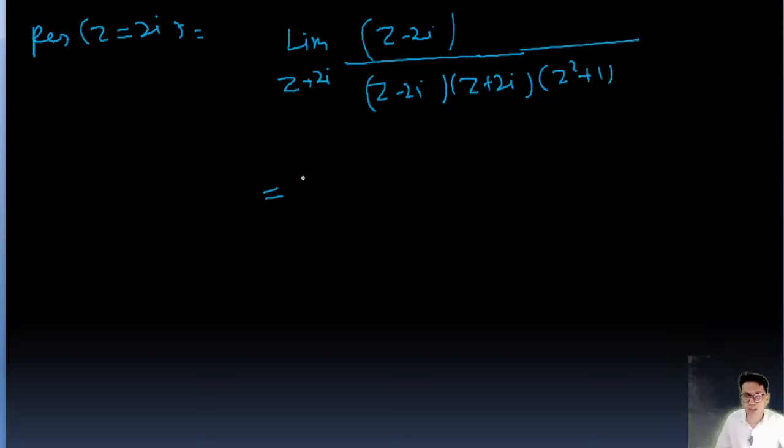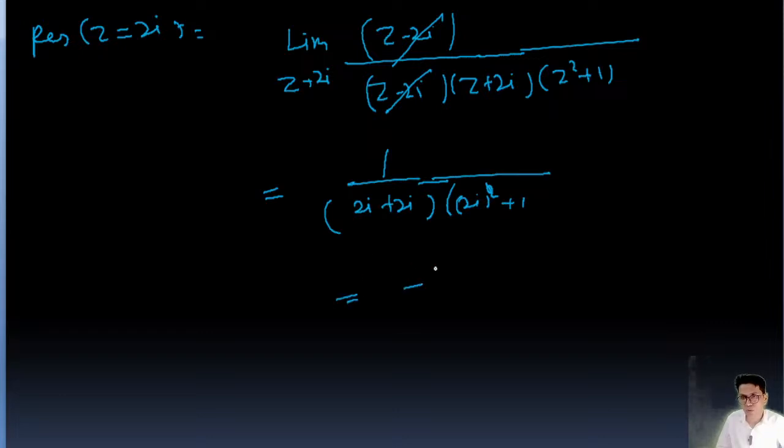So we'll put the value, this will get cancelled, and this is going to be 1 upon 2i plus 2 iota, into 2 iota square plus 1. And this value is going to be minus 1 upon 12i.